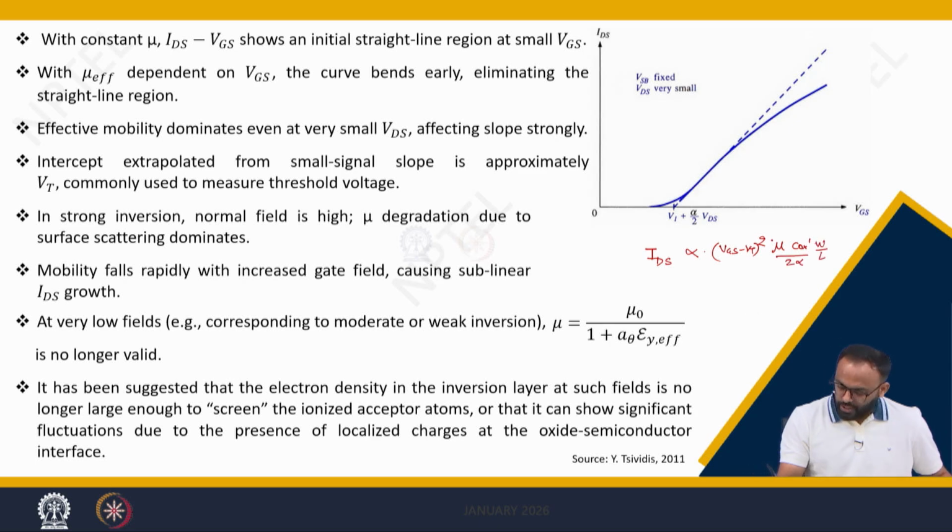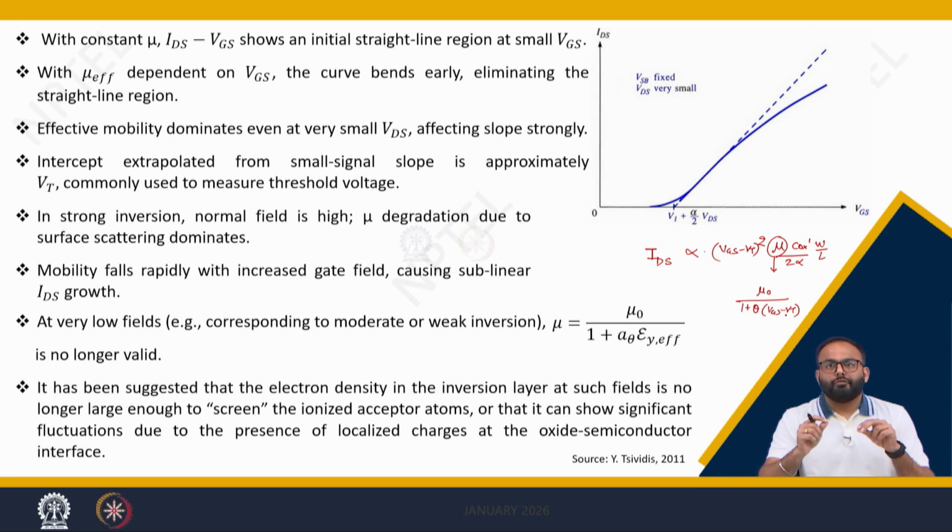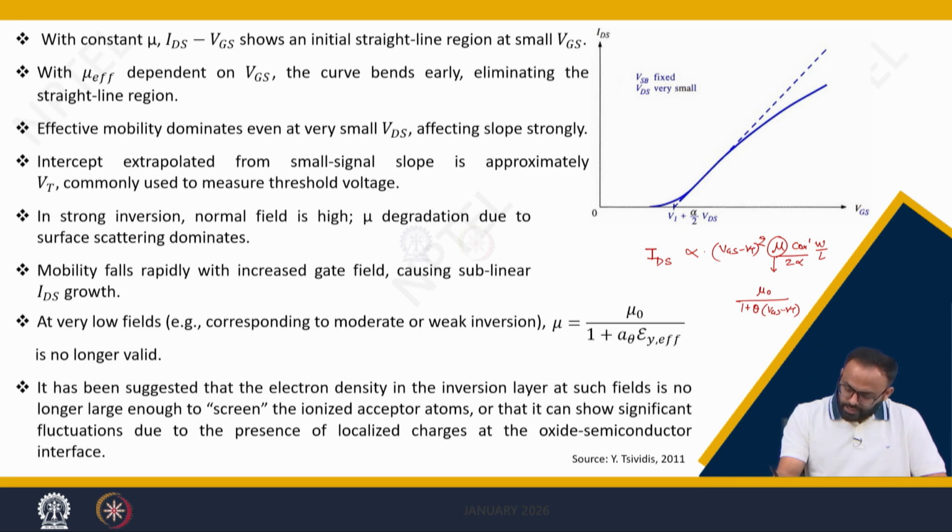So if this mobility depends on 1 over Vgs minus Vt, which is mu naught divided by 1 plus theta into Vgs minus Vt, then the denominator's Vgs minus Vt and one Vgs minus Vt from the numerator will cancel out. So Ids no longer depends quadratically on Vgs minus Vt. It is almost linear with Vgs minus Vt due to mobility effects.